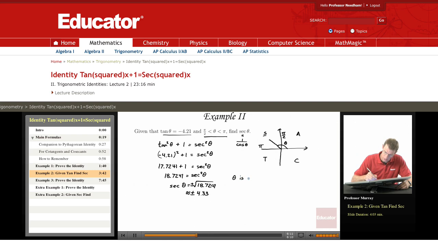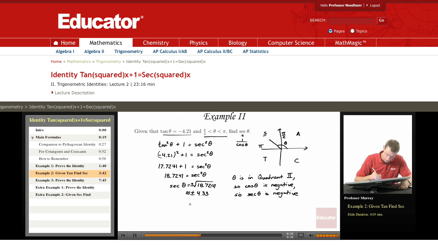Theta is in quadrant 2. So cosine of theta is negative. So secant theta, because that's 1 over cosine theta, is negative.